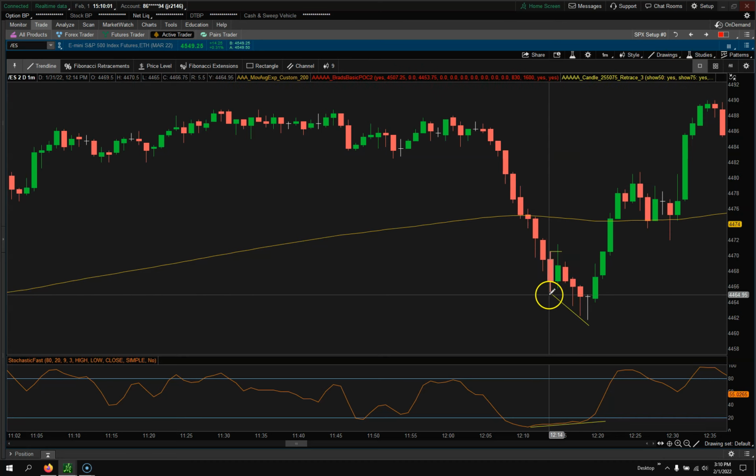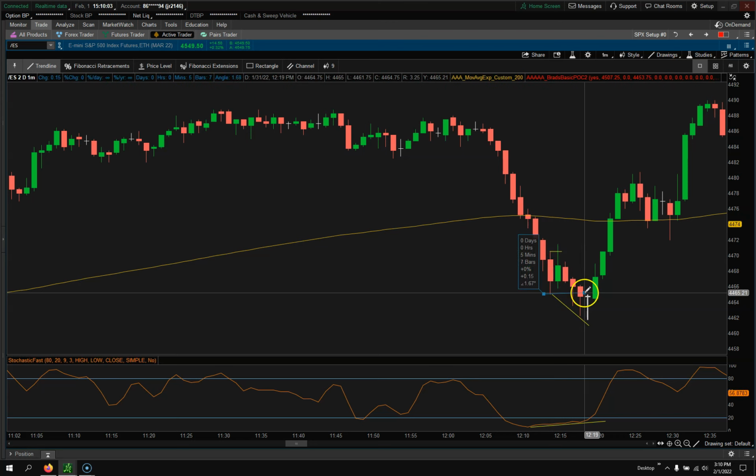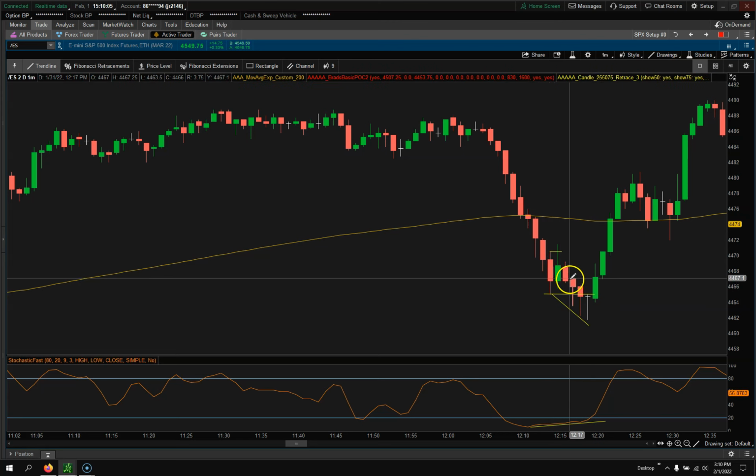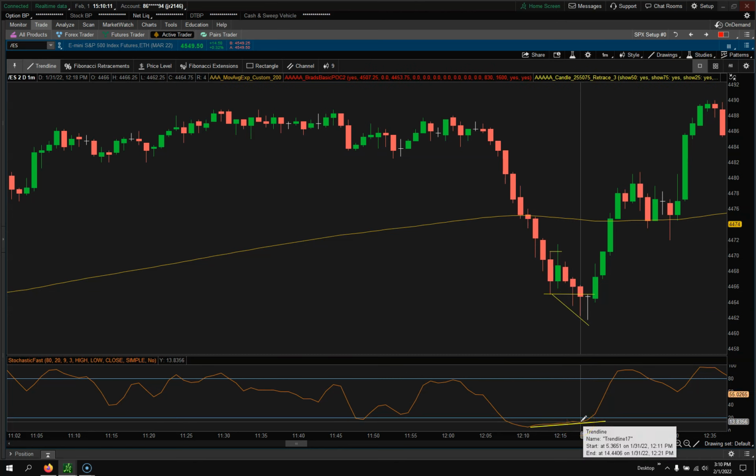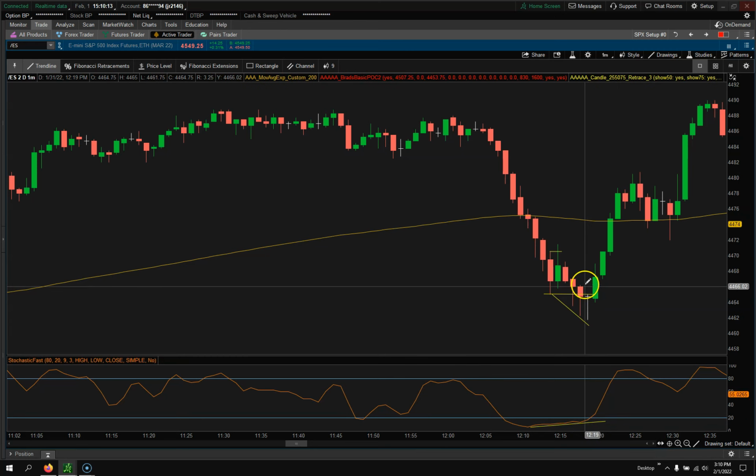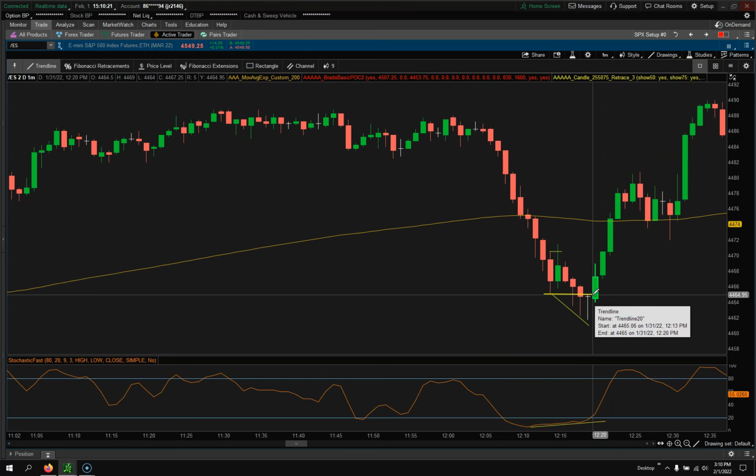But if we break below this low right here, okay, then my eyes are going to be drawn to what's going on with the stochastic, right? Well, the confirmation of this low would be when we break above this prior high's candle, right?